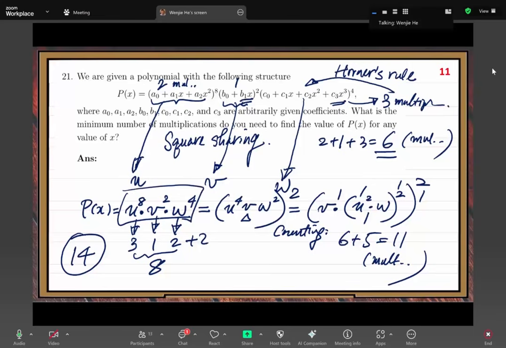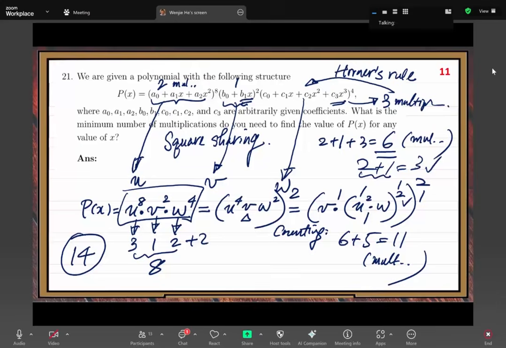So every time you do one square sharing, you reduce multiplication by 1. But here we do it 3 times: 1 square sharing, 2 square sharing. Sometimes it's 2, it depends on how many terms you cover. This big square sharing we reduce by 2, this small square sharing we reduce by 1. So 2 plus 1, we reduce 3 multiplications.